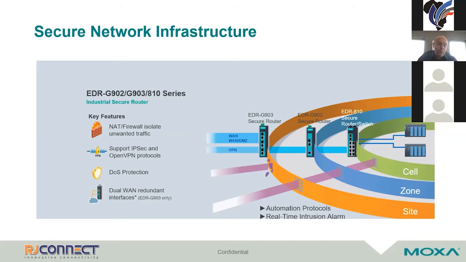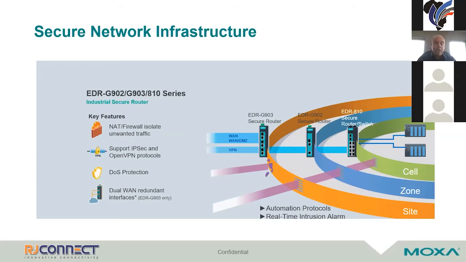So these are the three terminologies we use when we look at security and network security and creating different walls, different protections against a major attack on your infrastructure, so that they don't get there. You can't just go from site straight to your PLC, for example.